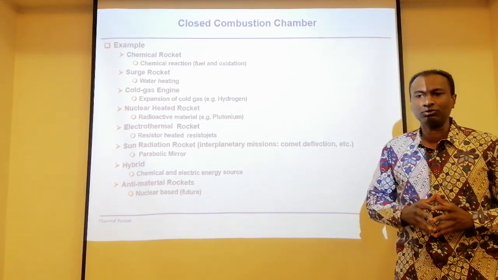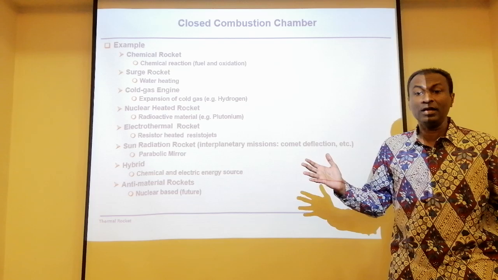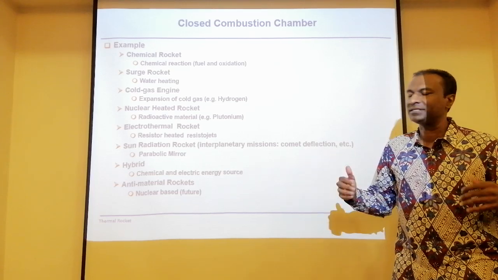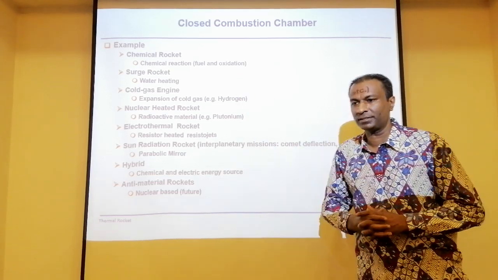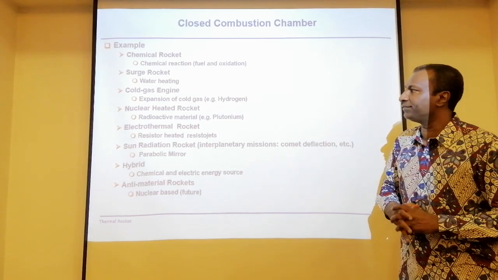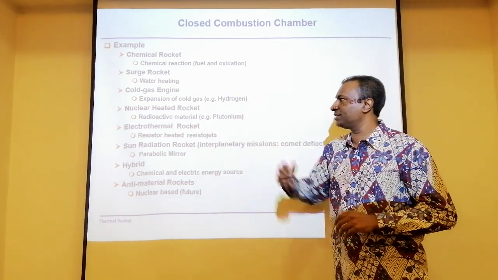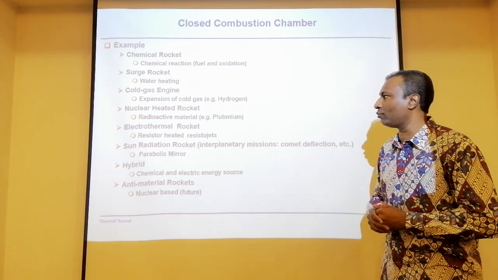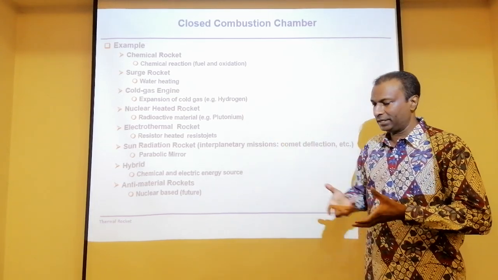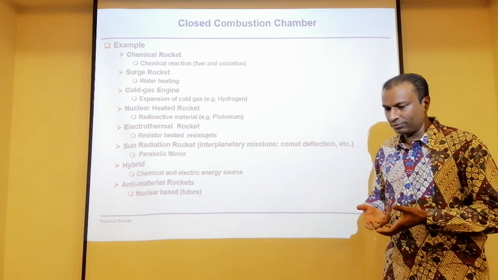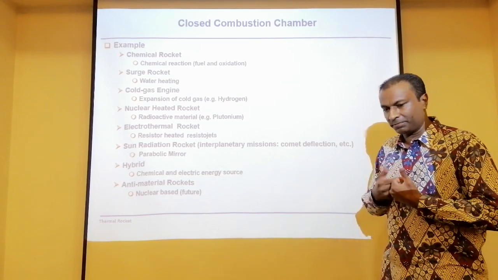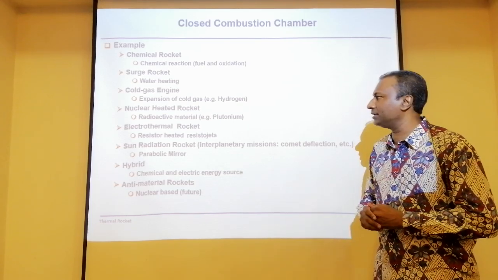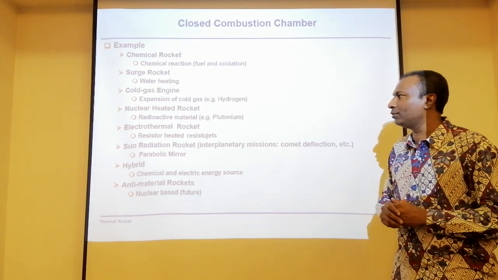In fact, most of the commercially available launches are chemical rockets. Then you have surge rockets, with water heaters, and coal gas engines, with expansion of coal gas. For example, hydrogen can be the fuel, and then you just pump out the hydrogen, and that will also give you thrust.